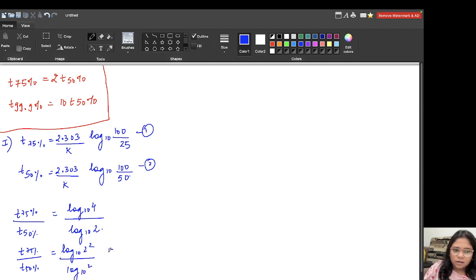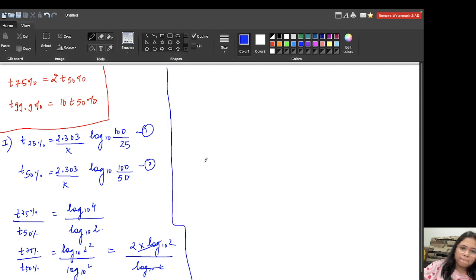I can write this as 2 log base 10 of 2, and here also log base 10 of 2. This and this get cancelled. So what is left? Now we have got our answer. T 75% will be equal to twice of T 50%.